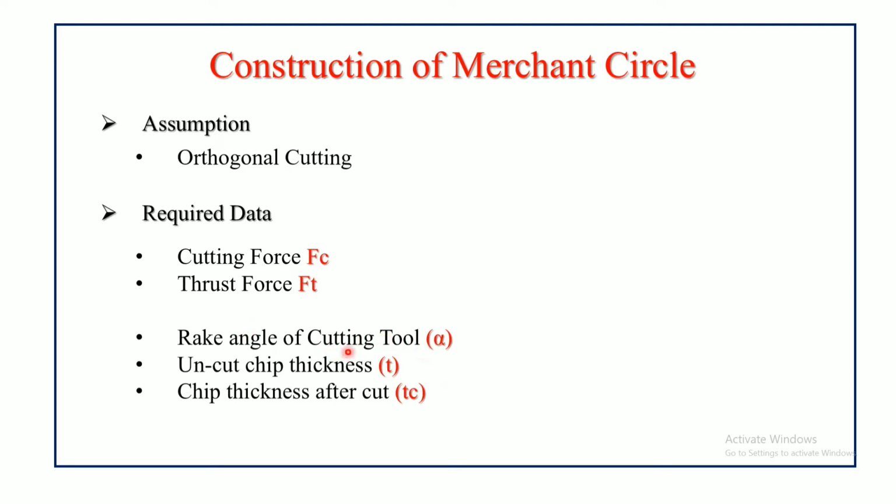The rake angle of the cutting tool is specific to the tool employed during the orthogonal cutting operation, and the uncut chip thickness and the chip thickness are also needed. So these are the required data to construct the merchant circle diagram.